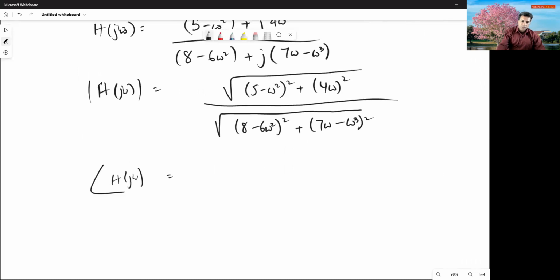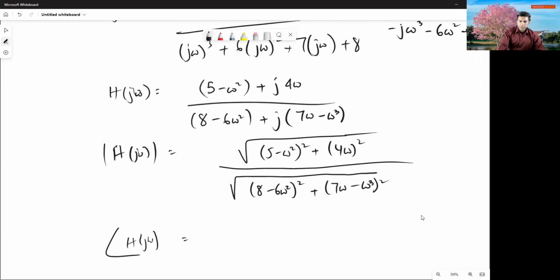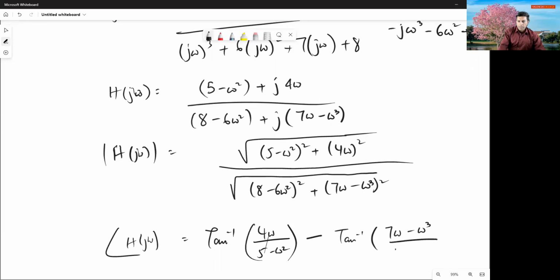That is the phase of the numerator minus the phase of the denominator. The phase of the numerator is tangent inverse, or arctan, of 4 omega over 5 minus omega squared, tangent inverse of b over a. And the phase of the denominator is tangent inverse of b, which is 7 omega minus omega cubed, divided by a, which is 8 minus 6 omega squared. That will be the expression for the phase of the transfer function.